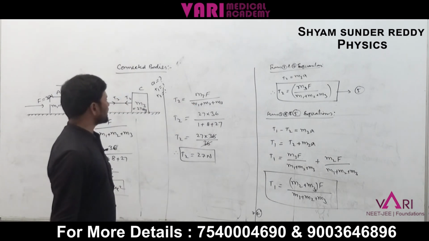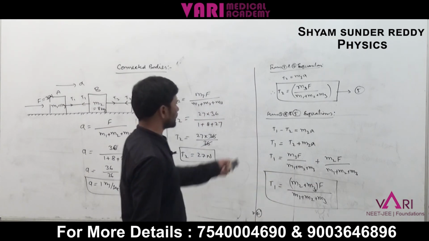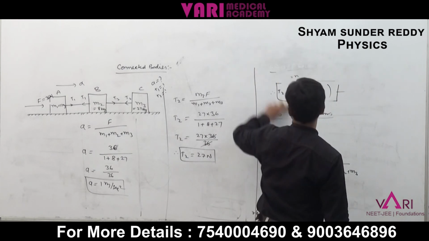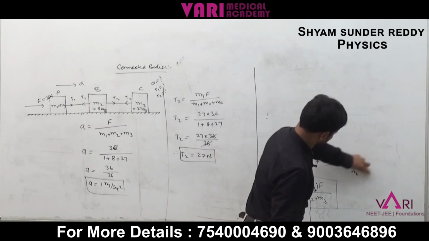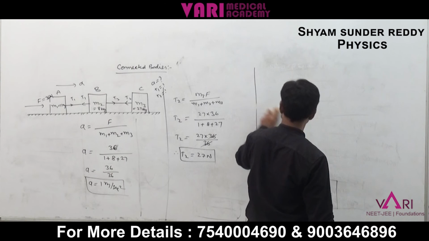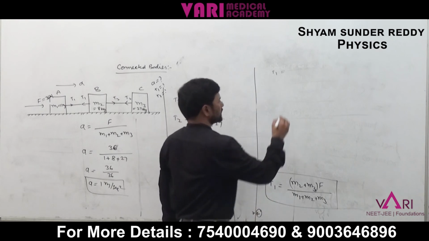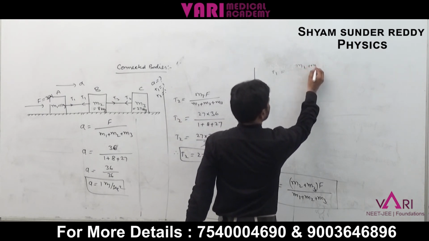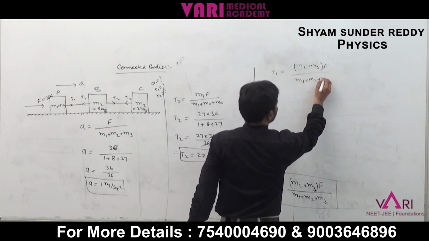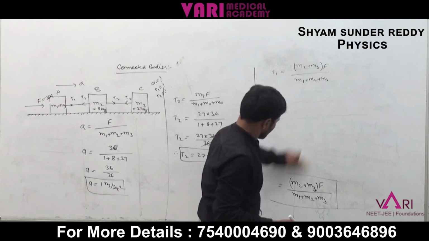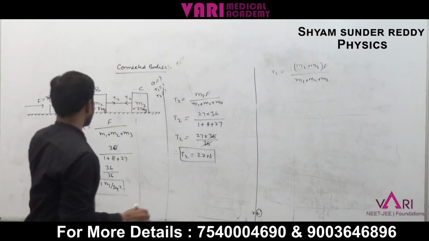Similarly, we want the T1. T1 is equal to M2 plus M3 into F by M1 plus M2 plus M3. First write the equation.